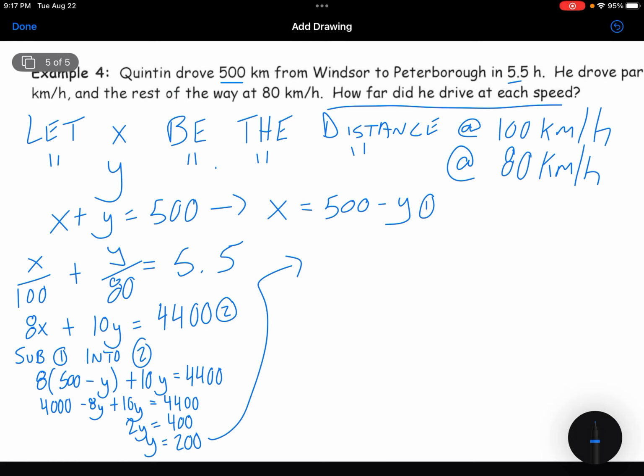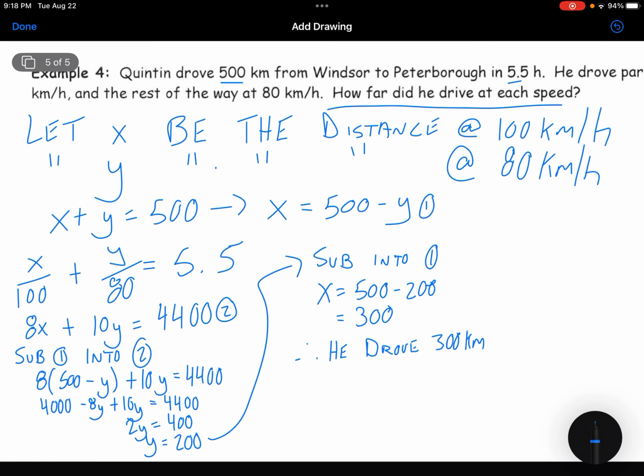Now we can sub that into 1. Into 1, and we get x equals 500 minus 200 is 300, and therefore Quinton drove 300 kilometers at 100 kilometers per hour and 200 at 80 kilometers per hour.